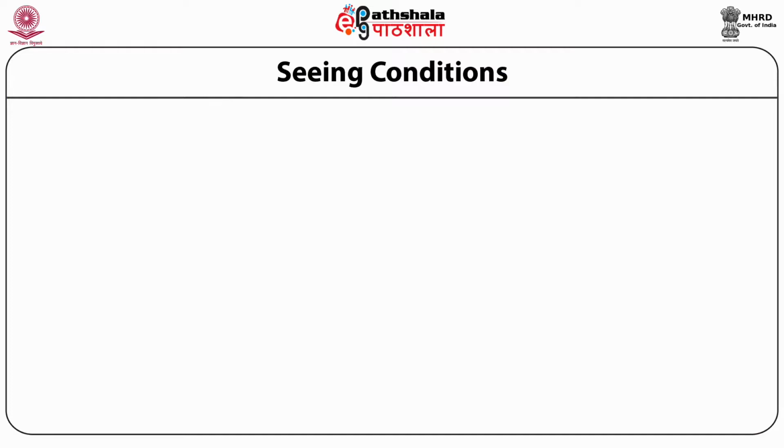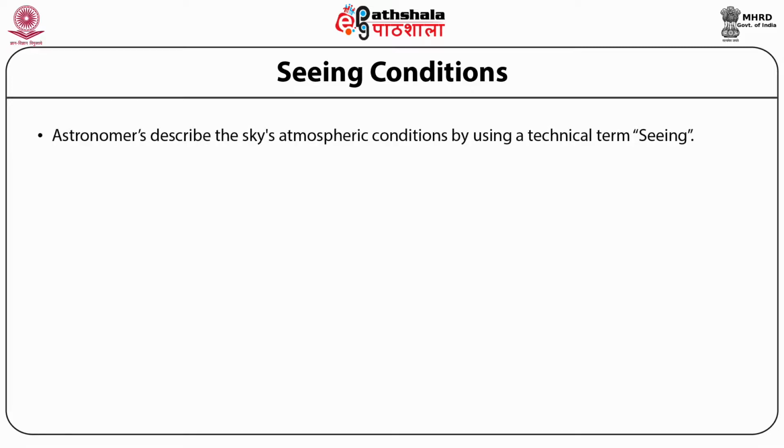One more important term that we use in describing the functioning of a telescope is the seeing condition. Astronomers describe atmospheric conditions by using a technical term, seeing.